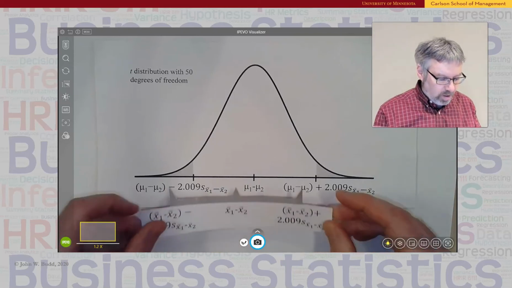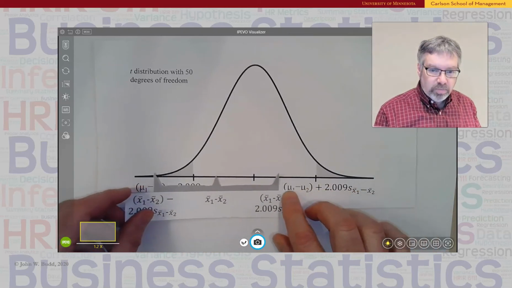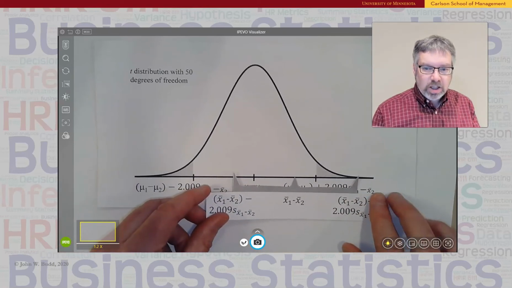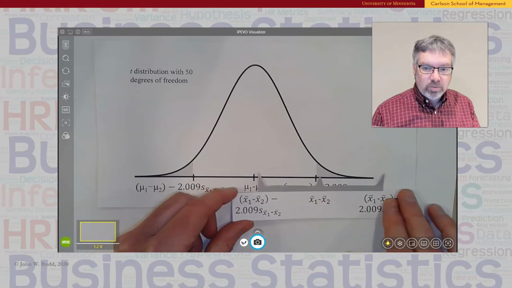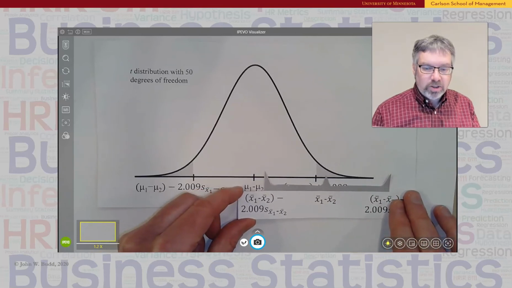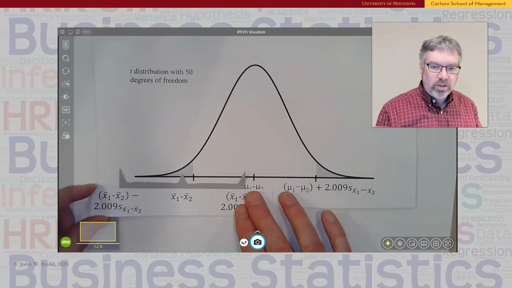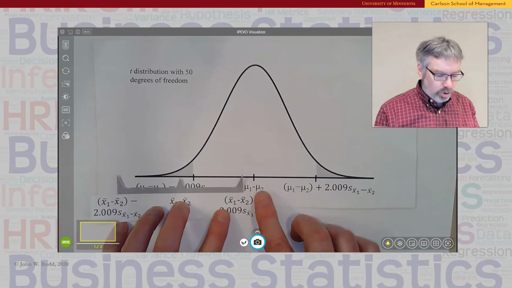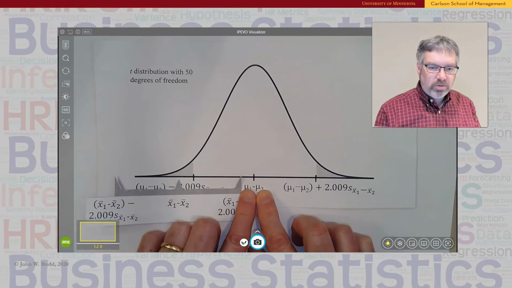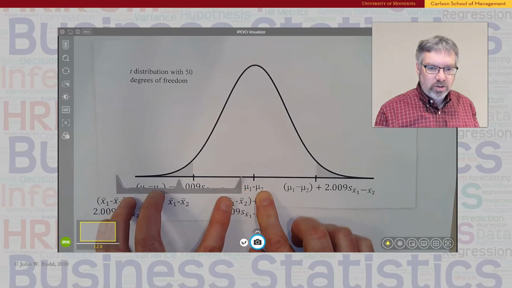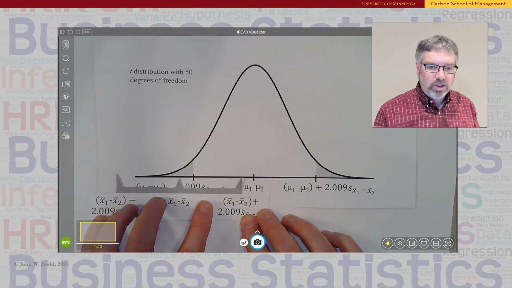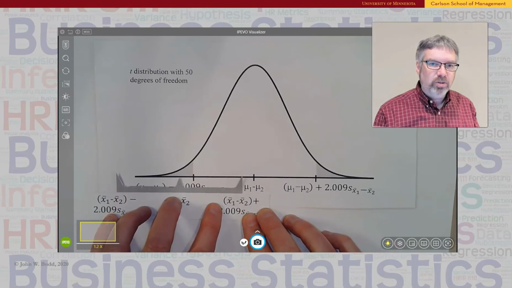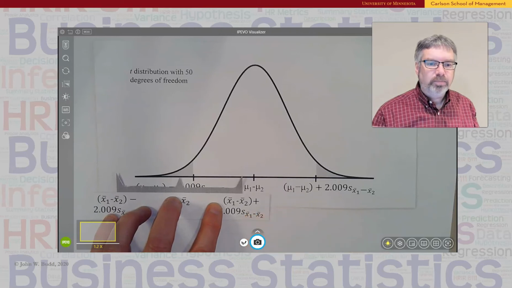And again, 95% of the time the true mean will be within that confidence interval. It's only 5% of the time, when we're far enough away up here in this tail or far enough down here in this tail, that our true population mean difference will not be in this confidence interval. Exactly the same logic as for a single mean or other confidence interval cases that we've already done.